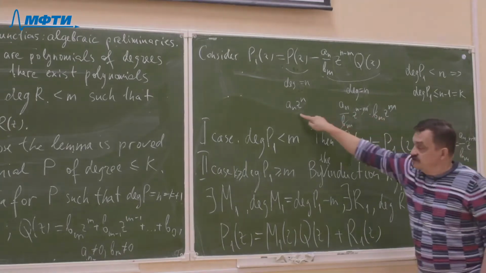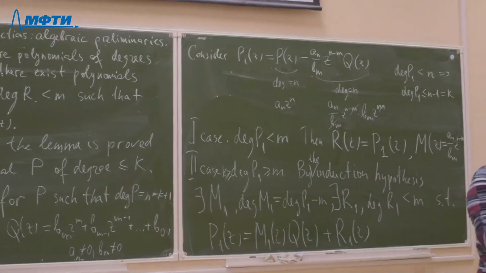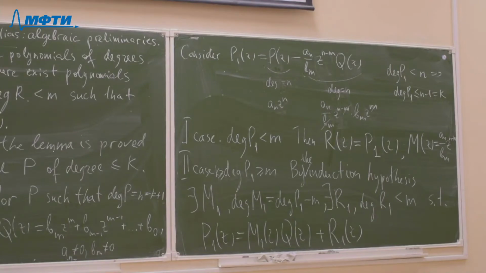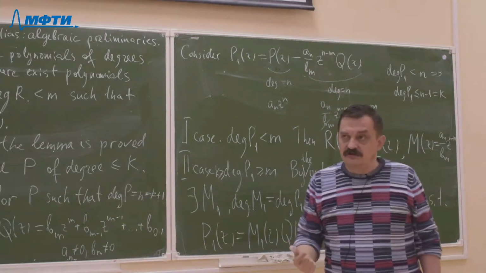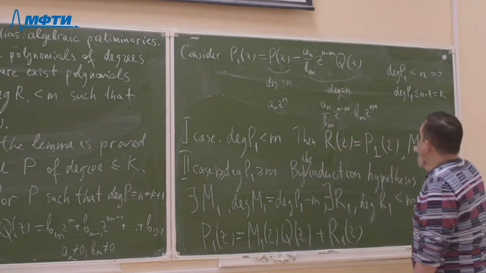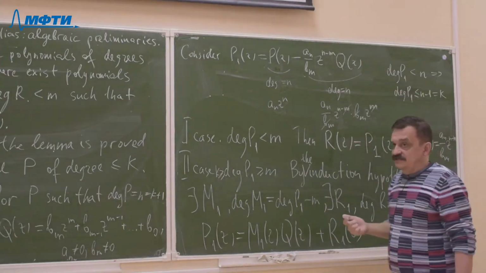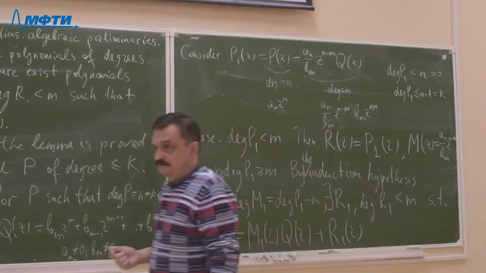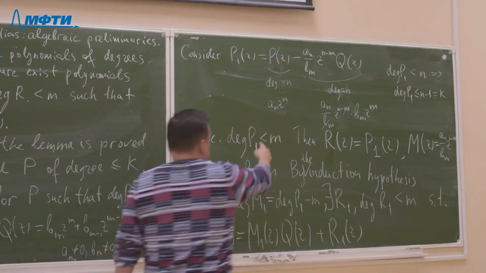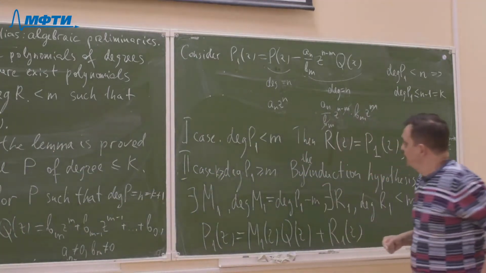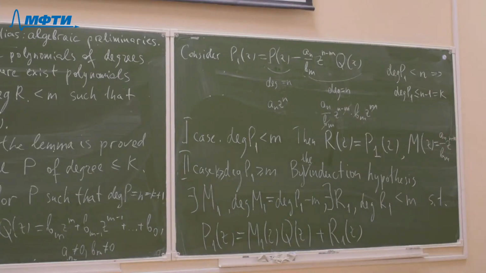And the coefficient is 0, and it means if we consider P1 as a polynomial of degree n, the leading coefficient is 0, and it means the degree of polynomial P1 is strictly less than n. That is what I computed here, the coefficient in z to the power n.